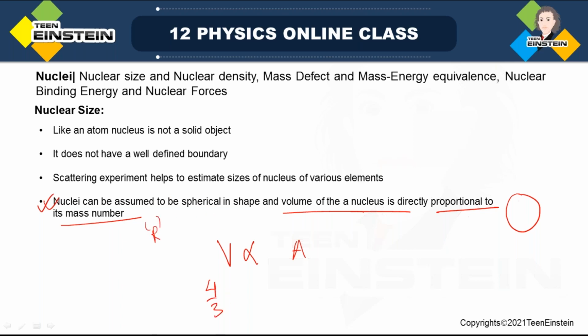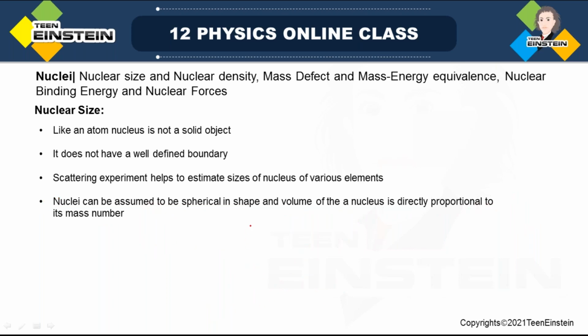Then if r be the radius of a nucleus, we can write the volume, 4 by 3 pi r cube, as proportional to A. This is what we get from the experimental result.